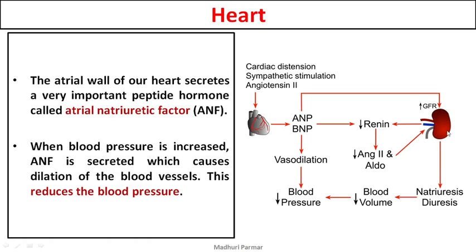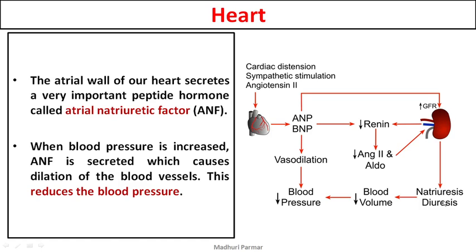What will it do to the kidney? As the name suggests, natriuretic, sodium in urine. So it will start excreting sodium in the urine. Wherever the solute goes, the water follows. So the water will follow the sodium, and because of this, a lot of sodium and a lot of water will be excreted out in the form of urine.